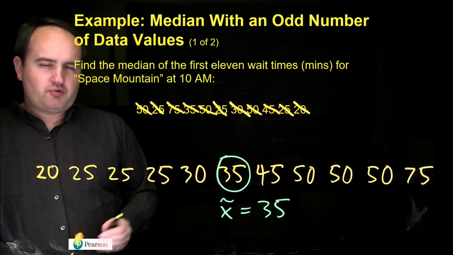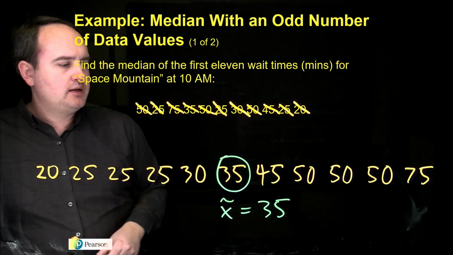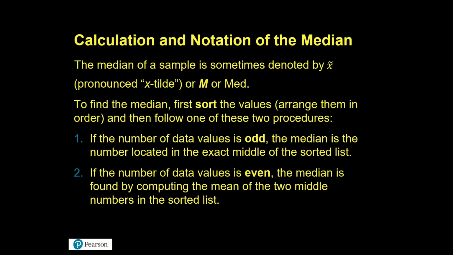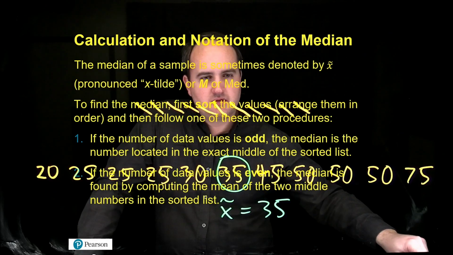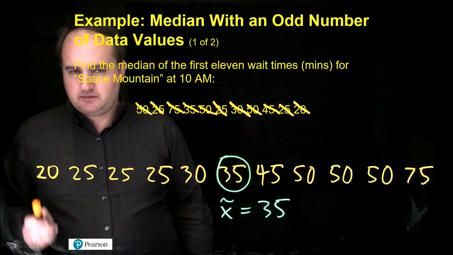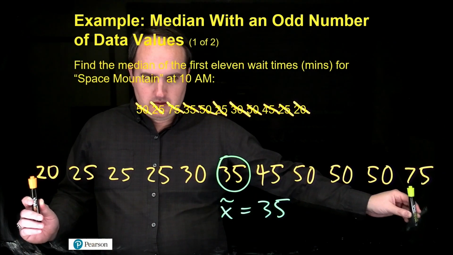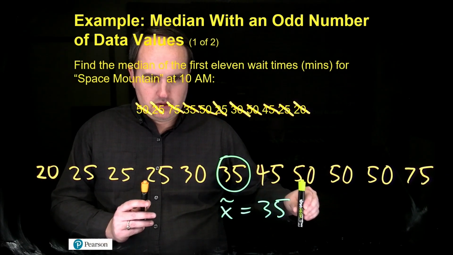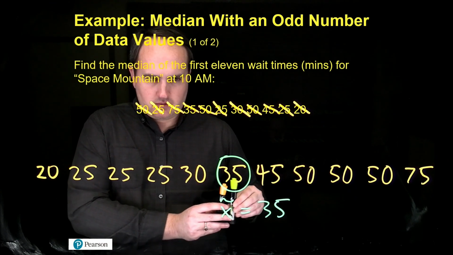So now I wanted to point out that even though the book says on the previous slide that you need to break it down based on whether there are an odd number of data values or an even number of data values, I want to point out that in most cases, that's not really necessary. You can just do what I did, which is you start at the ends, and then you work your way inward one by one until you're at the middle.